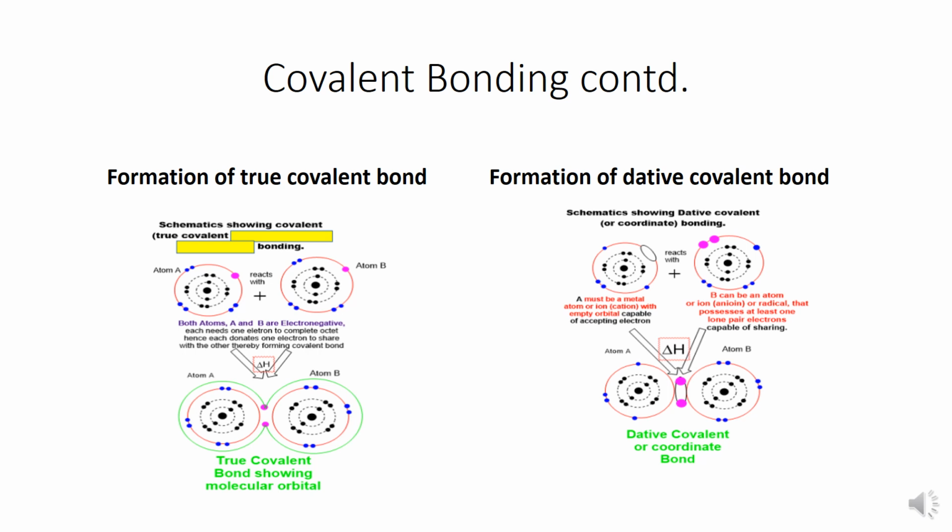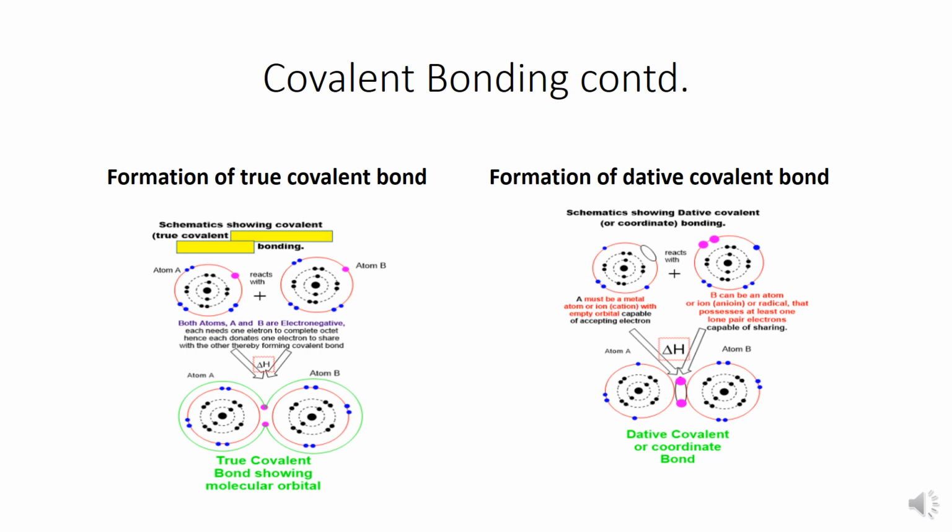The same applies in the formation of a coordinate bond. But the difference between the true covalent and the coordinate bond is that one of the atoms would have a vacant position where the other atom will share its lone pair. As you can see, there are two red electrons on atom B, while there's a vacancy on atom A. The position of this vacancy allows for the bonding.